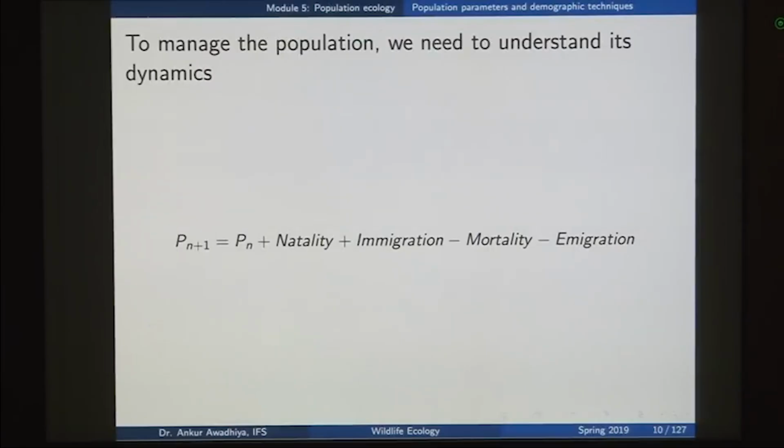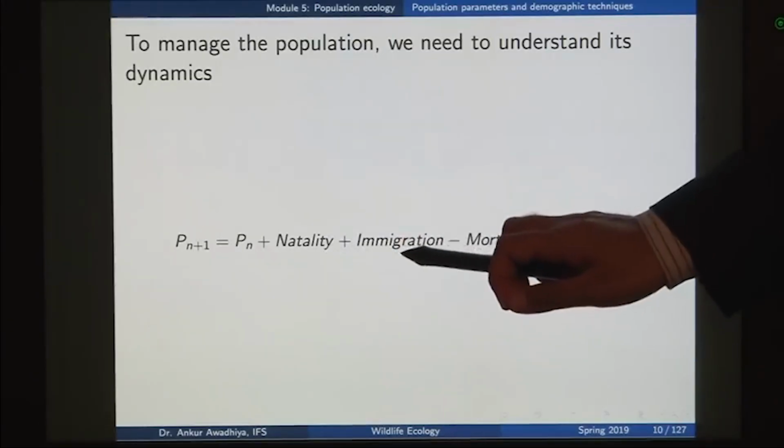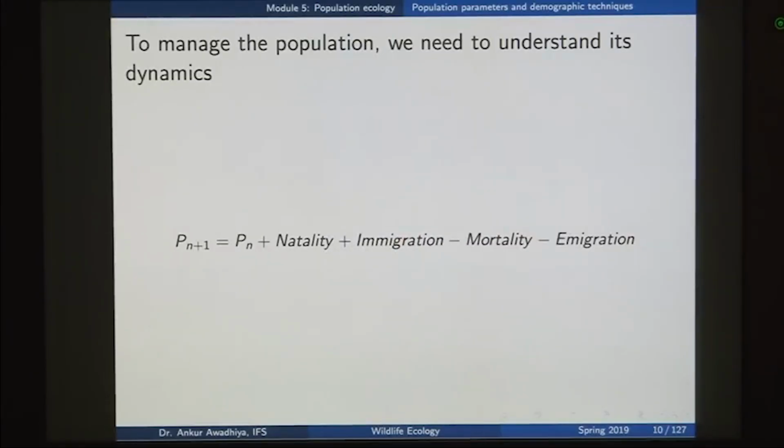Now, P n plus 1 is given by P n plus natality. Natality is the birth rate: how many animals were added because of birth in the existing population. Now, addition can be because of natality or it can be because of immigration. Immigration is when you have animals that are coming from some other area into this area.